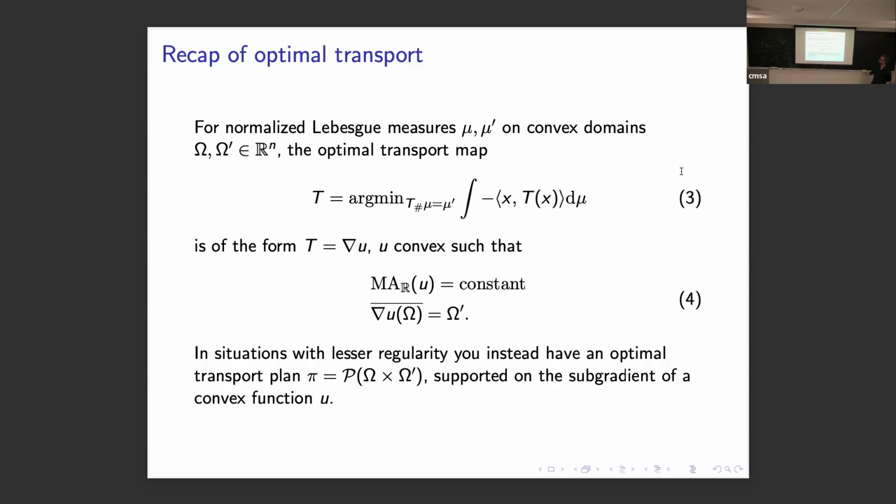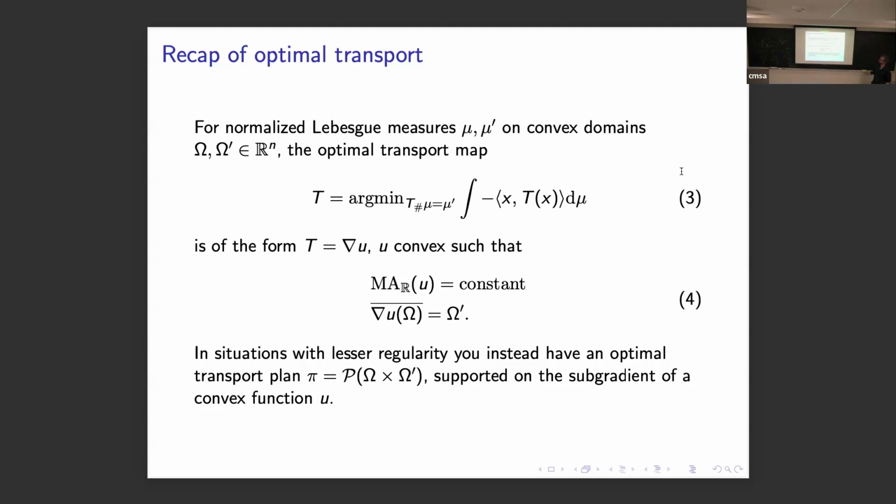Then you can consider a similar optimization problem, trying to minimize the cost, and it's still connected to a convex function: it is supported on the subgradient of a convex function. So that was a quick recap of optimal transport.